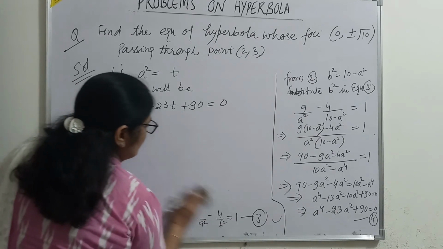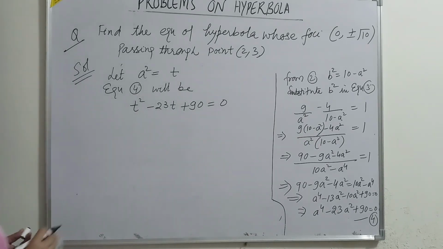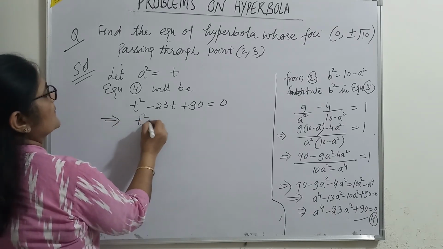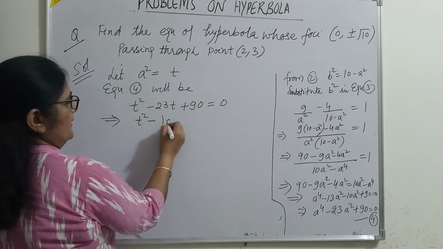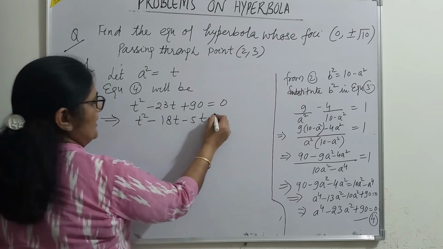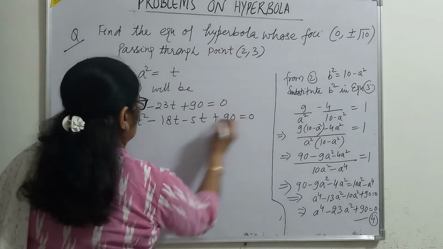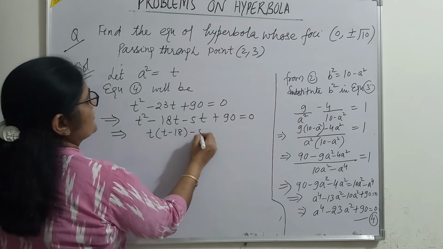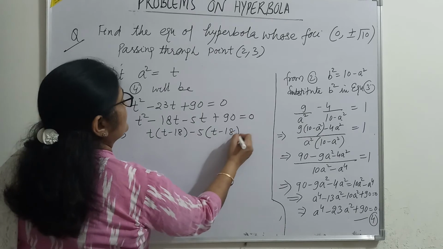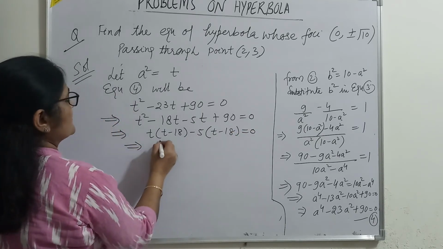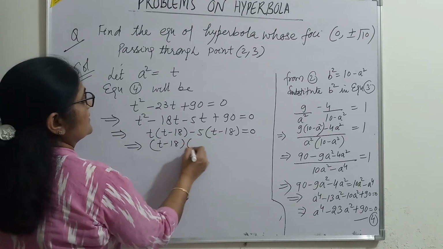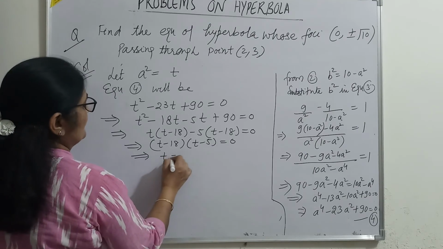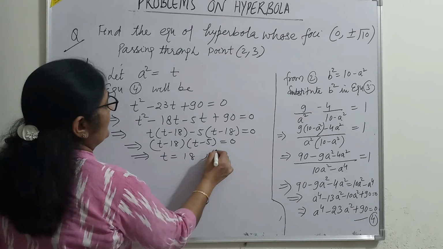Now it is reduced to a quadratic. You can solve it easily by factorizing: 90 = 18 × 5, so t² − 18t − 5t + 90 = 0. The factors are (t − 18) and (t − 5). So what does it imply? t = 18 and t = 5.